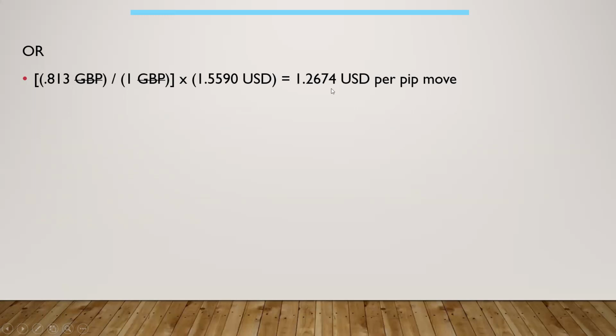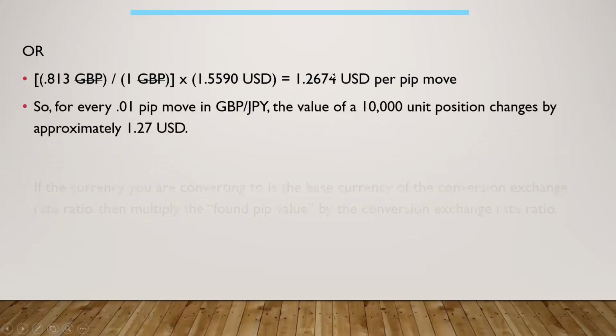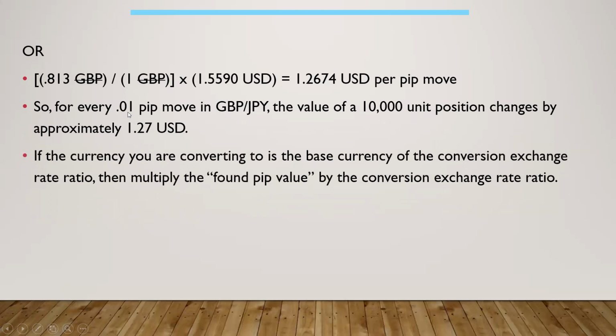So this is what it will be in USD per pip move. So for every 0.1 pip move in GBP JPY, with the value of 10,000 units as the position is changing, you are making approximately 1.27 USD. It is very simple.